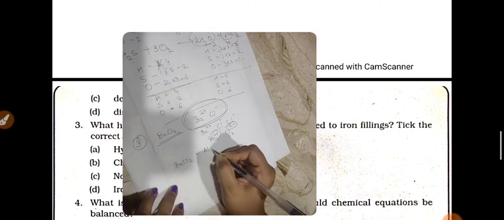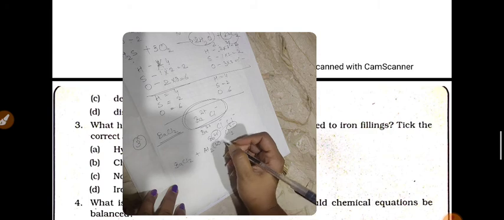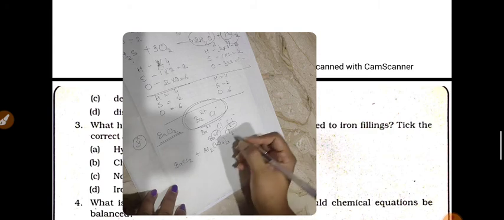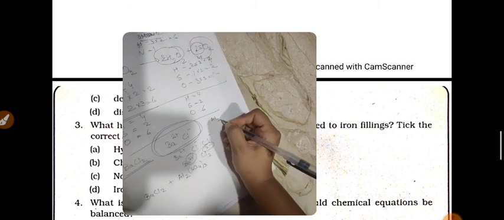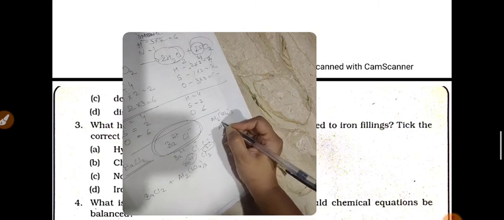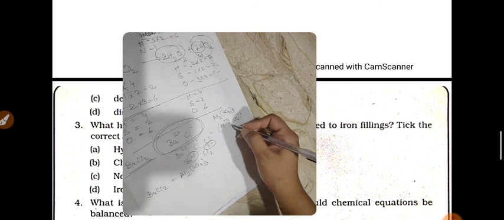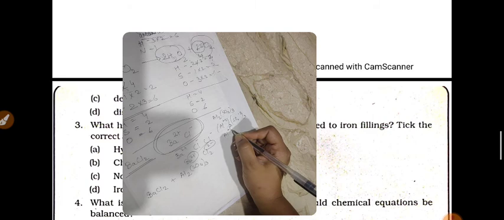Plus aluminum sulfate. Aluminum, this also Al2, aluminum 3 plus, sulfate 2 minus, Al2 SO4 thrice. Why? Al plus 3, SO4 minus 2. So to make it balanced, multiplied by 2 and multiplied by 3. So we can get Al plus 6 and SO4 minus 6.